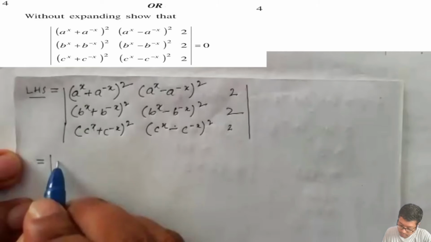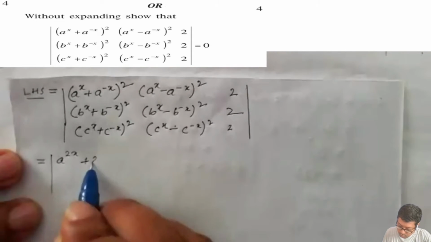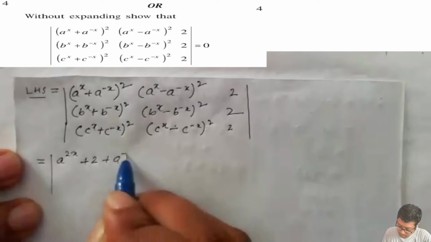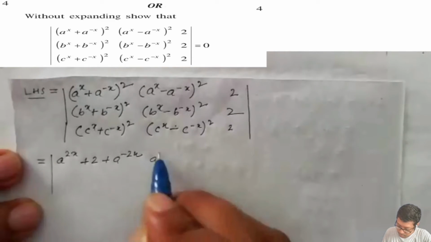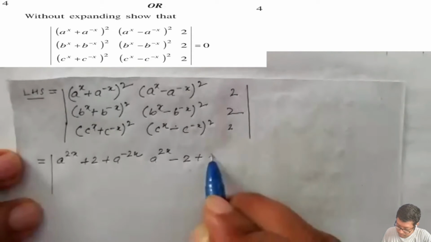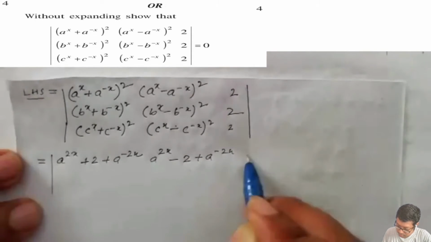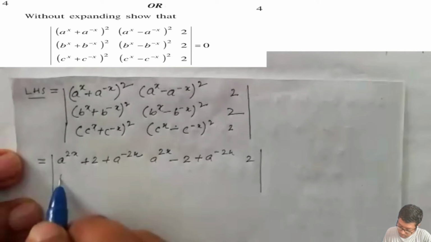Then I have a to the power twice x plus 2 plus a to the power minus twice x, and this will be a to the power twice x minus 2 plus a to the power minus twice x. Similarly, the rest also you can break it.